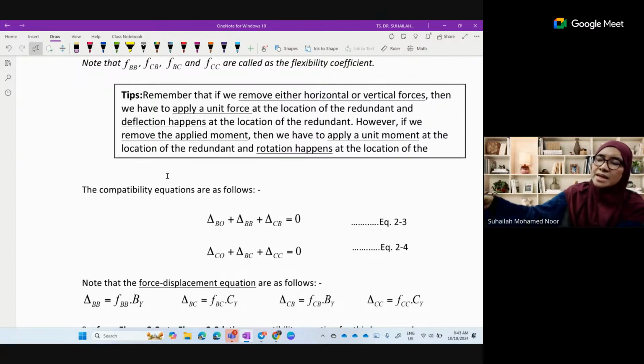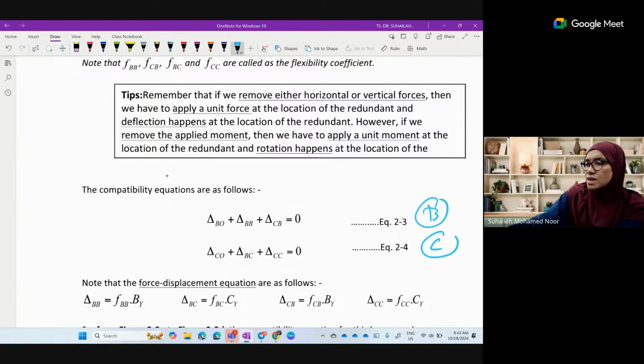So that's why 3 redundant kita dah tak bagi dalam exam sebab solution dia panjang lah, banyak system to be analysed. Okay, so exam 1 and 2 redundant only. So there are 2 equations, one at position B, one at position C.